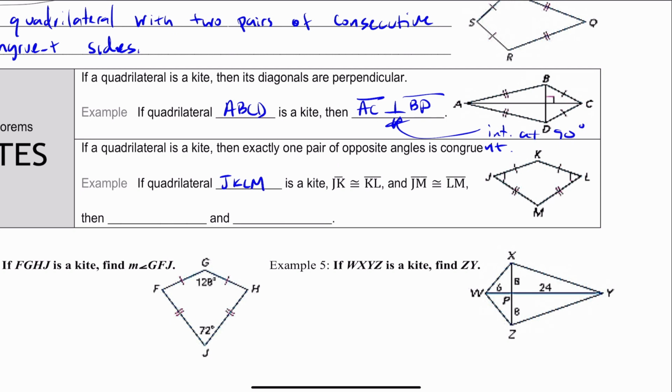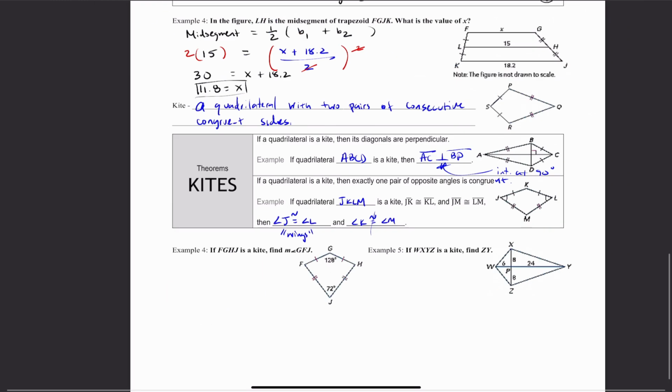So if quadrilateral JKLM is a kite, and we know that segment JK is congruent to segment KL, and segment JM is congruent to segment LM, then we can say that angle J is congruent to angle L, but angle K is not congruent to angle M. So I really want you to think the wings are congruent.